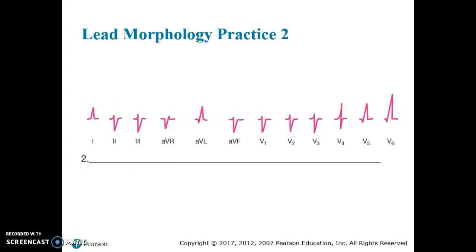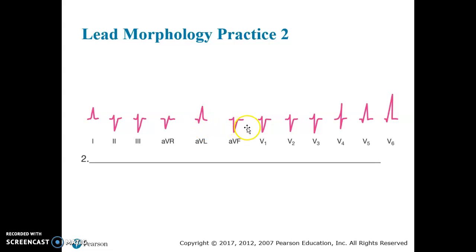So moving forward, let's look at lead 2, practice 2. All right, let's compare. Let's go back to our previous. Lead 1, that's normal. Lead 2 is supposed to be positive. Lead 3 is supposed to be positive. Lead AVR, it's negative. Okay, so we're good there. AVL is positive.